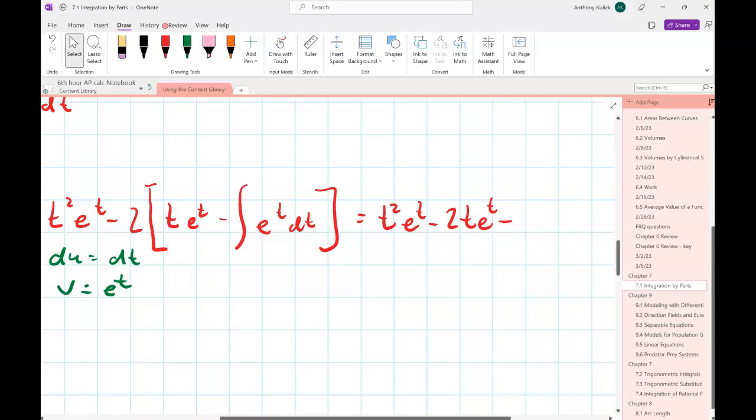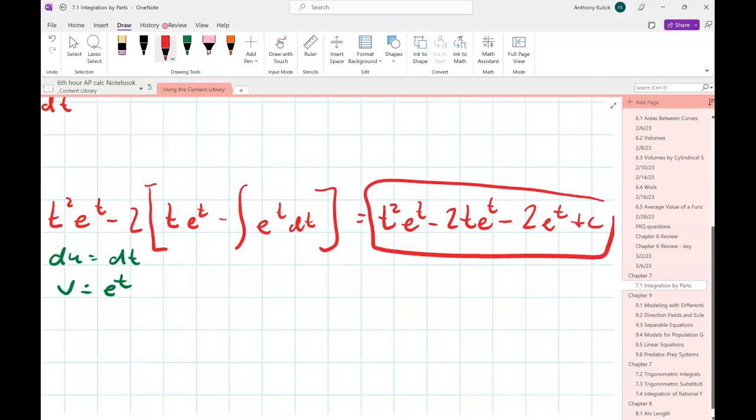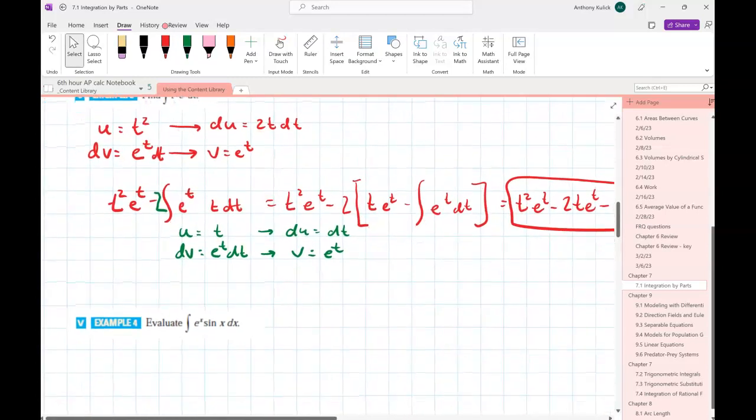What's the antiderivative of e to the t? e to the t. Is that okay? All right.